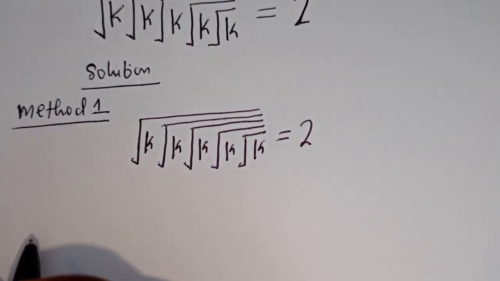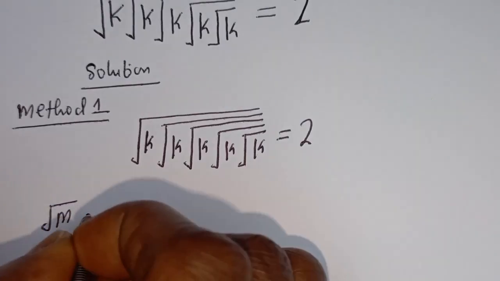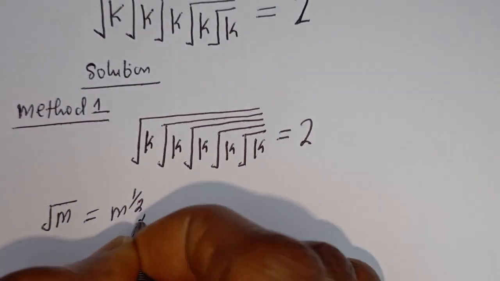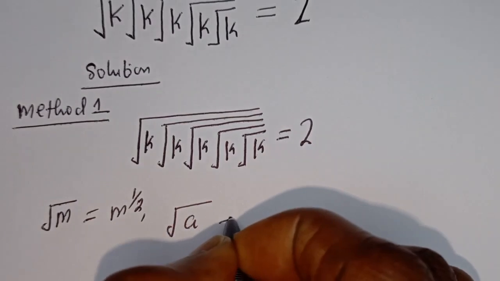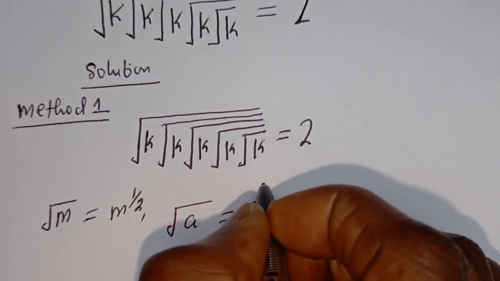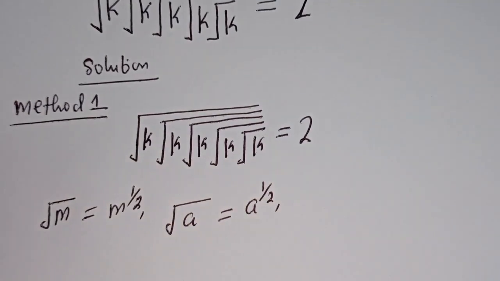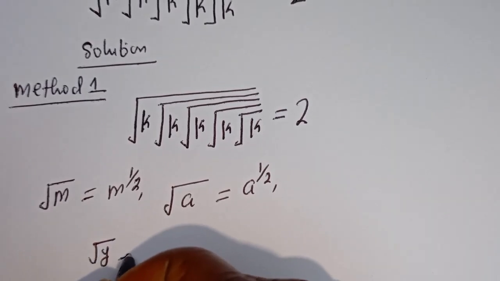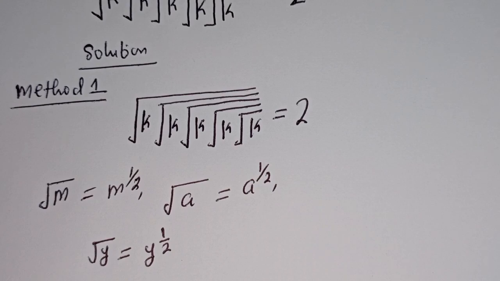Now take note of this: if you have square root of m, this is equal to m to the power of 1 over 2. Also, square root of a is a to the power of 1 over 2, and square root of y is y to the power of 1 over 2.